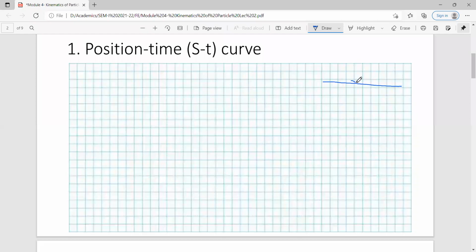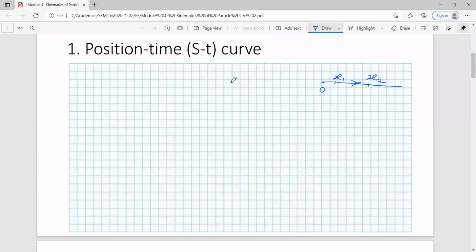If I have to record what its position was, say this is the origin point, and I will mark the distances like x1, then somewhere at a suitable interval I will mark x2, like that.